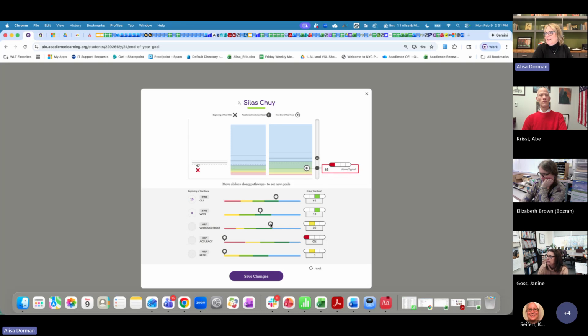Again, you can say whatever. I want them to get right to the benchmark, and again, accuracy. I think I want to get them to at least 90%, or at least 95. Like whatever you want, you can make these determinations and customize them any way that you want to get to where you need to be.